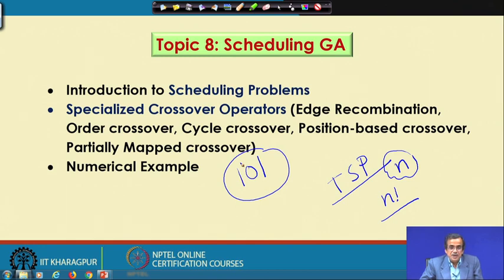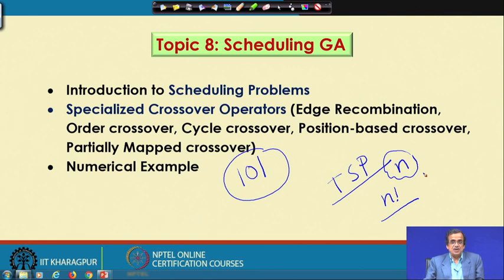Moreover, if you use the ordinary crossover operator like say single point crossover, 2 point crossover, multi point crossover or say uniform crossover, there is a possibility that you will be getting some infeasible solution. That means, if you use the ordinary crossover operator, there is a chance that we will be getting some solution which is infeasible in terms of the connectivity of the cities.